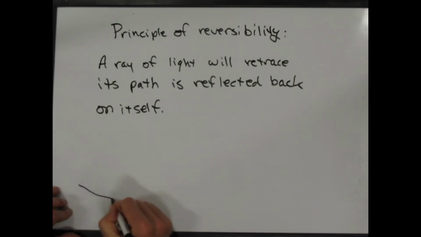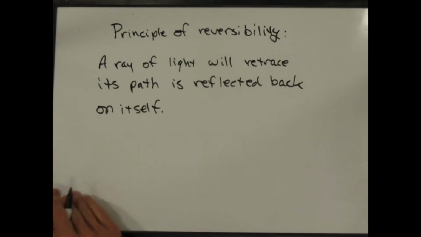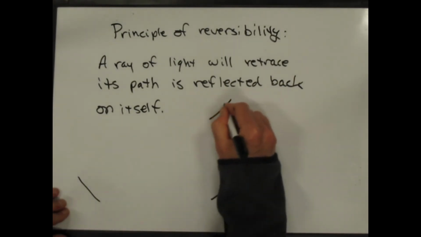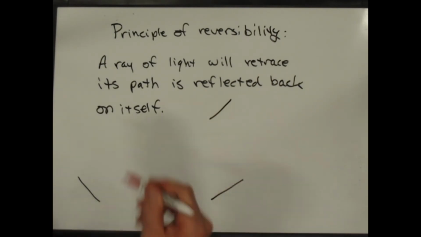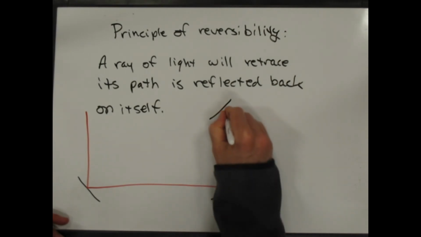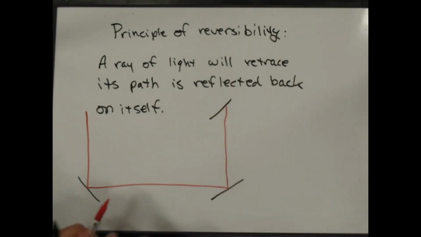So if I have, let me draw a couple of mirrors here, and I send a ray of light in this way, so it goes off this guy, off this guy, off that guy, right? So it does this.